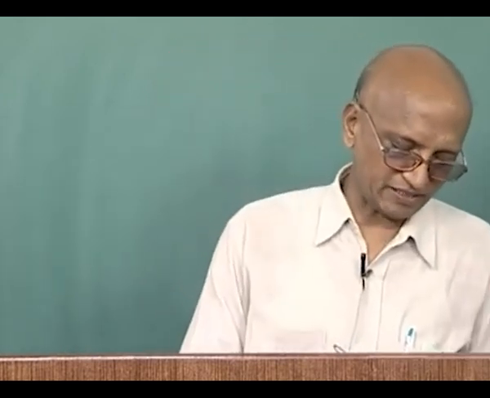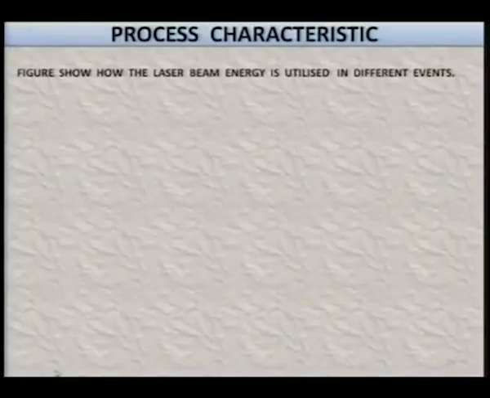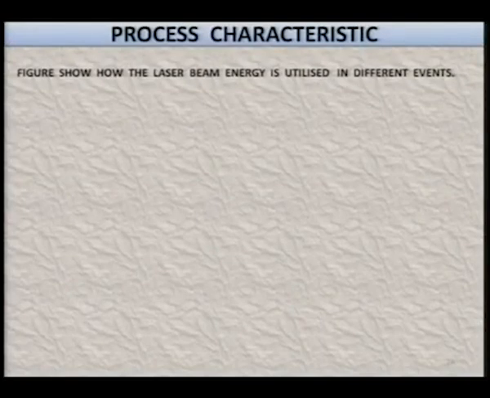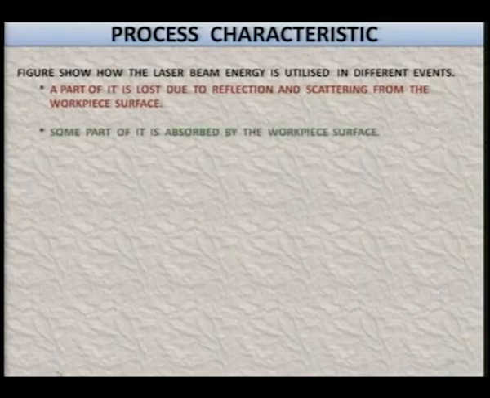There are various other factors where the heat energy gets lost, because of which the laser beam machining efficiency goes substantially low. The figure shows how the laser beam energy is utilized in various events, which make the efficiency lower and lower.